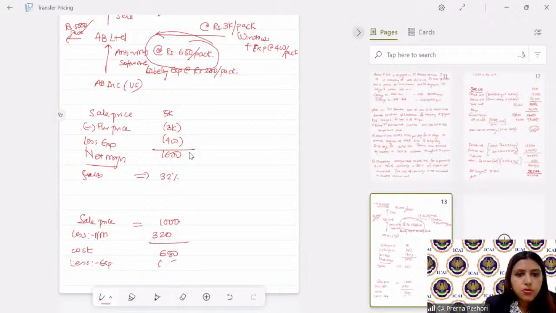So I reduce this 200, and this gives me 480, and this will be my ALP. I have purchased it for 650, ALP is 480, therefore there will be an addition of 170.